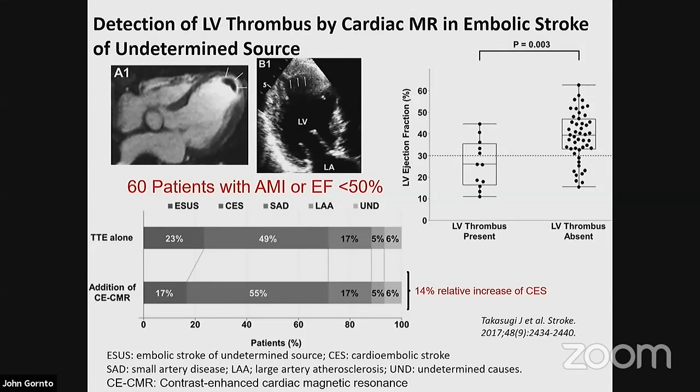The best way is contrast-enhanced cardiac magnetic resonance rather than just an ultrasound. Those people who have LV thrombus had a lower ejection fraction, which makes sense, as compared to those who did not, who had better ejection fraction.